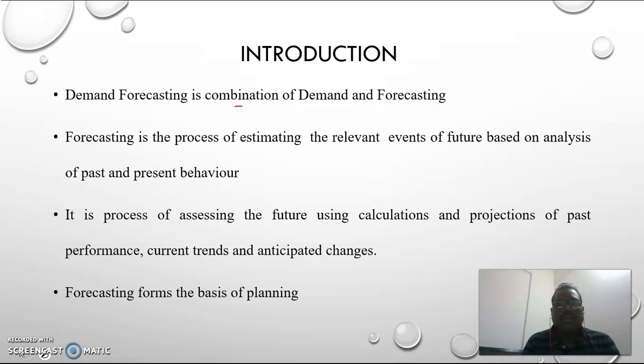Then the probable demand for the future is estimated in the present marketing conditions, based on the analysis of all the gathered information and the past demand data. Making an attempt to estimate future events is called demand forecasting.